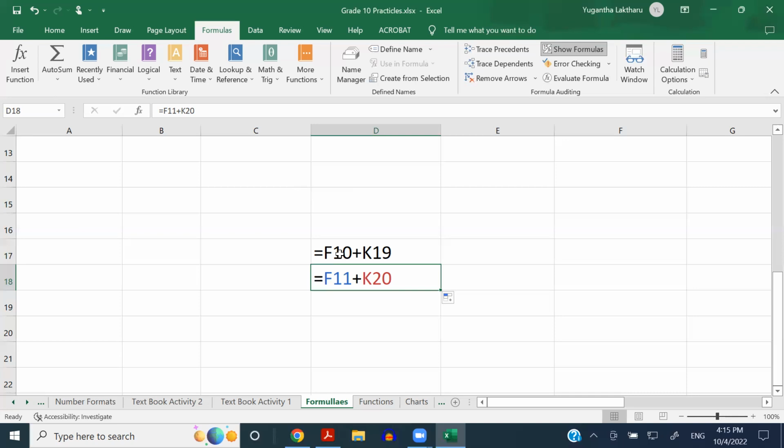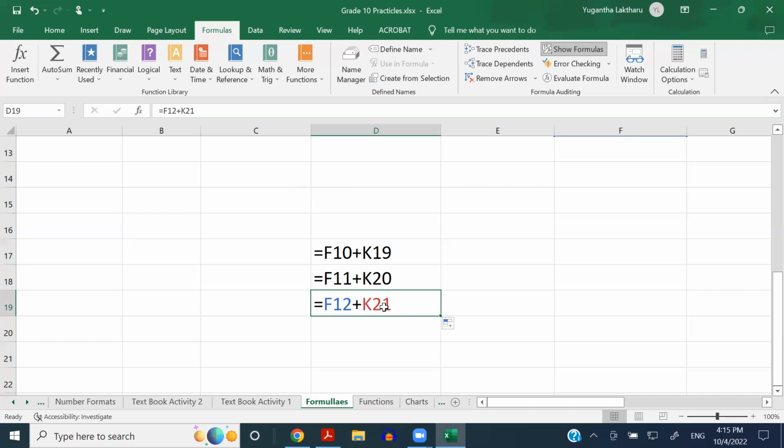By 1. Here it is 10, here it is 11. If I copy this formula 2 cells downwards, it's going to give me F12 plus K21. So now you can understand what is going on when we copy a formula downwards in a column.